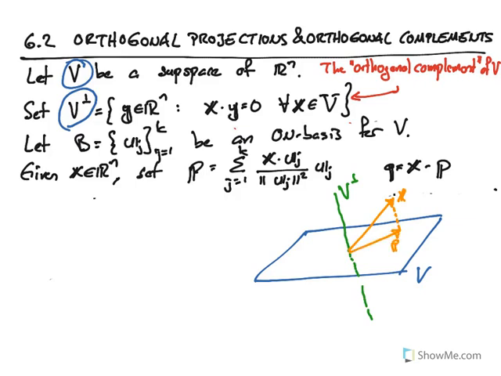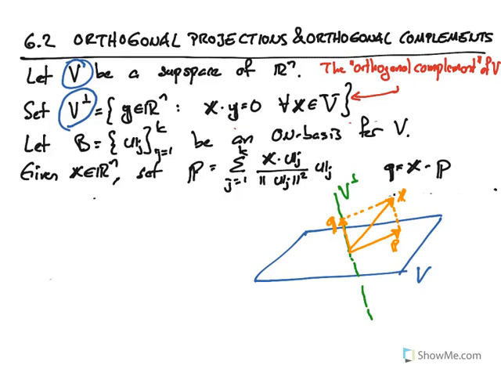P is something that lies in V. That's obvious. If you just look at this definition, it's obvious that the vector P lies in the space V because it's a linear combination of the uj's, and the uj's form a basis for V. And then Q lies in V perp. For now, I'm just claiming this. That's something we'll need to prove. But this is the figure you should have in mind.